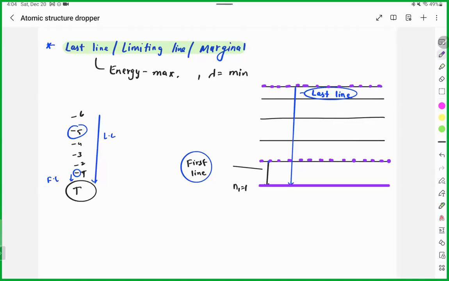This is not complicated. What is really complicated? Energy and wavelength. How do this energy and wavelength change? Imagine, if you consider the first line.